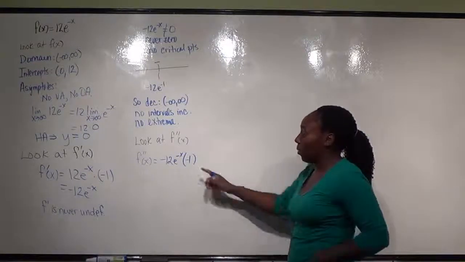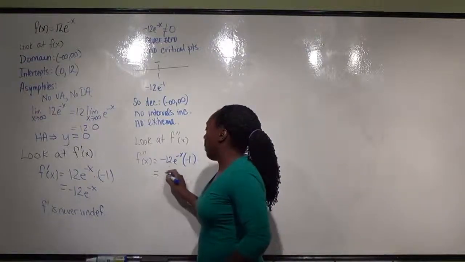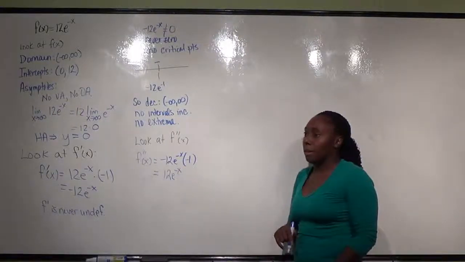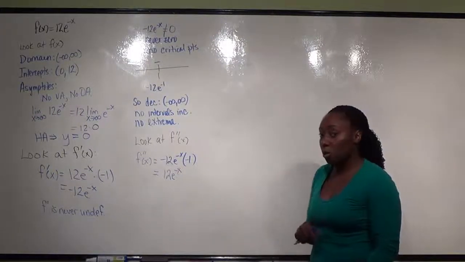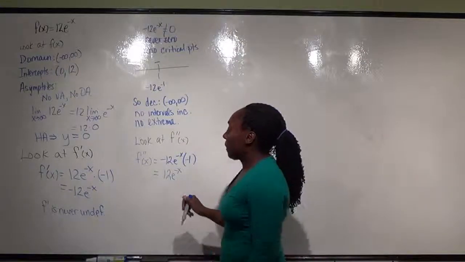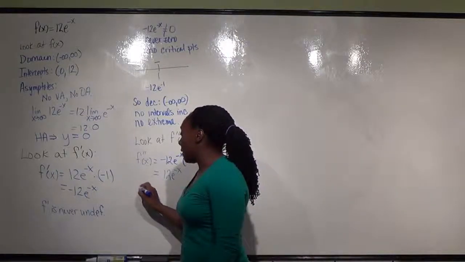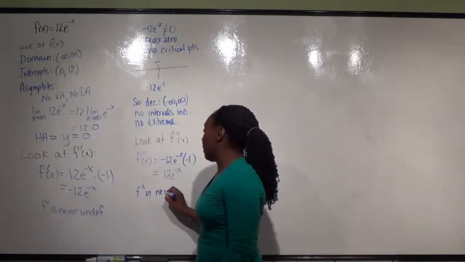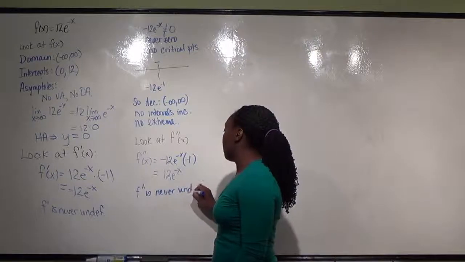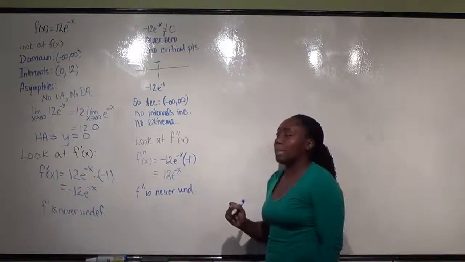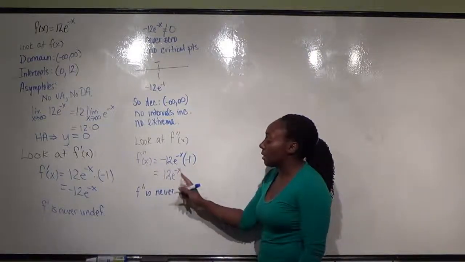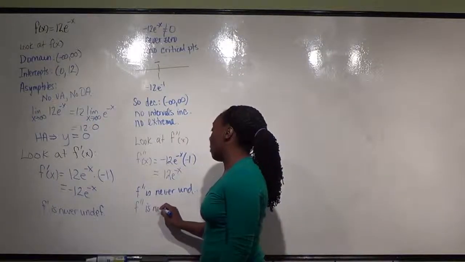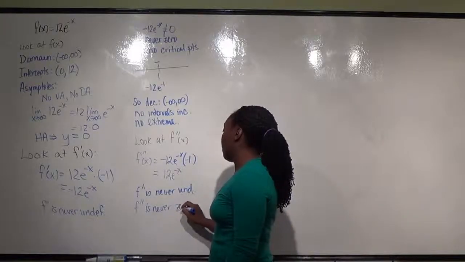So we're going to get a negative 1 when we multiply that out, which will give us 12e to the negative x, which is basically the function we started with. Here again, e to the negative x is never undefined, so f double prime is never undefined. And if we try setting this equal to 0, again it's an exponential, so f double prime is also never 0.